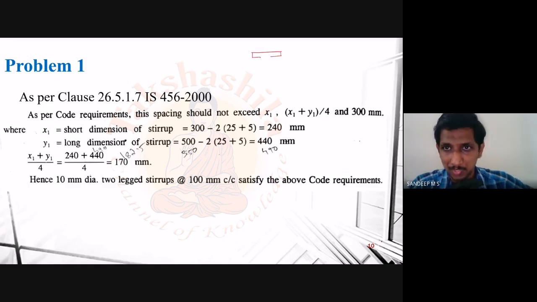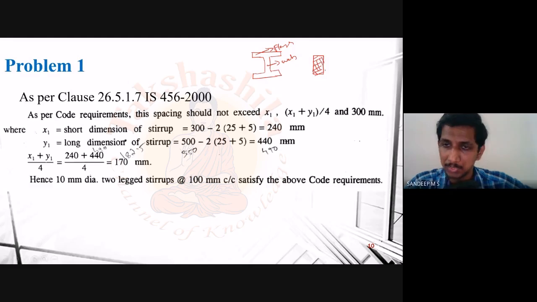So suppose you have an I section. I hope at least you have heard about I sections. So these things correspond to your flanges, and this is your web. In the case of a rectangular section, you have only the web portion. So basically this will be your web portion.